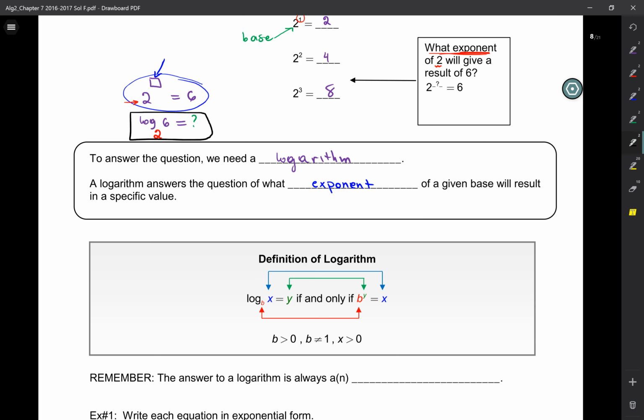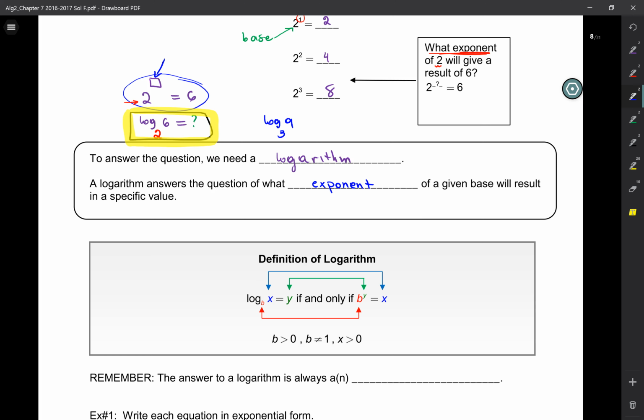So if I were walking down the street and I saw log base 2 of 6 written on a billboard, I go, oh, 2 to the power of what gives you 6? That's what that means. Okay, so if you're walking down the street and you see something like this, log base 3 of 9, what is it asking you? 3 to the power of what gives you 9, she's saying.